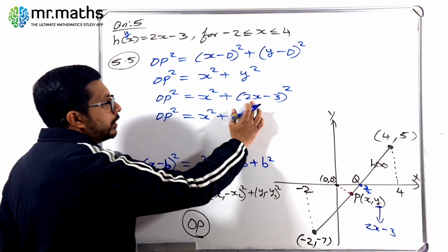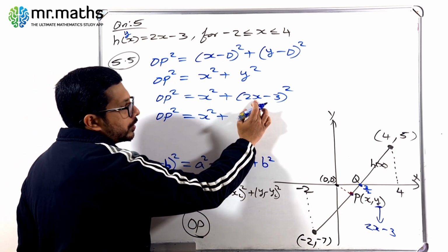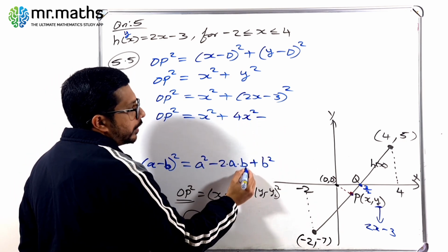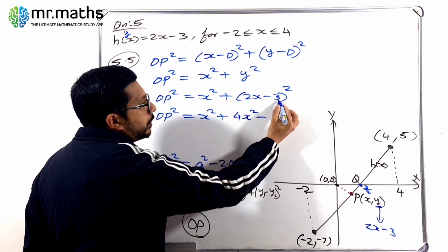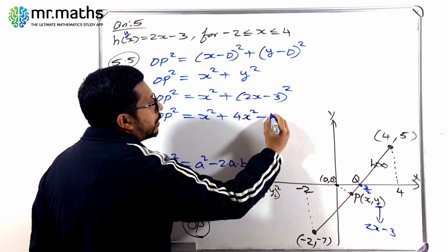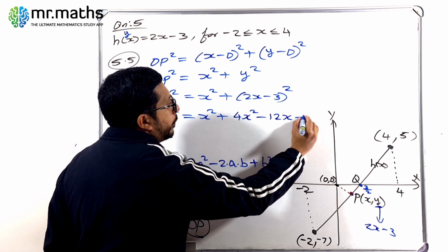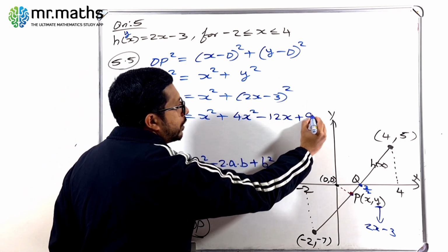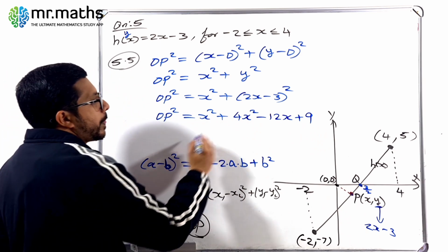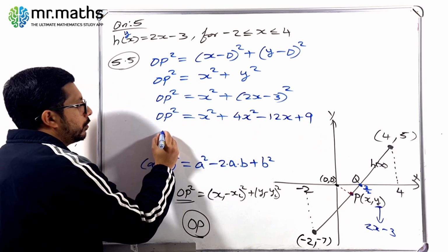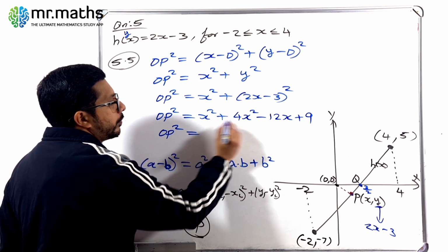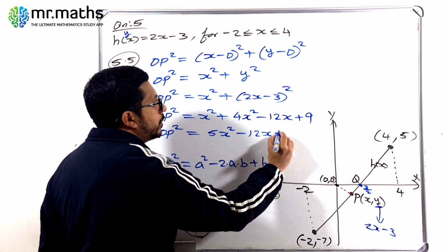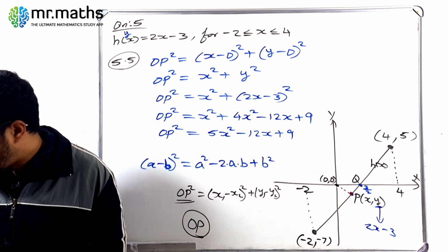Similarly here: first term square, 2x square, that is 4x square, minus 2 into 2x into 3, so 2 into 2 is 4, 4 into 3 is 12, then x, plus second term square, here the second term is 3, 3 square is 9. So OP square, simplifying, x square plus 4x square, like terms, that is 5x square minus 12x plus 9. That is the equation of OP square we got.